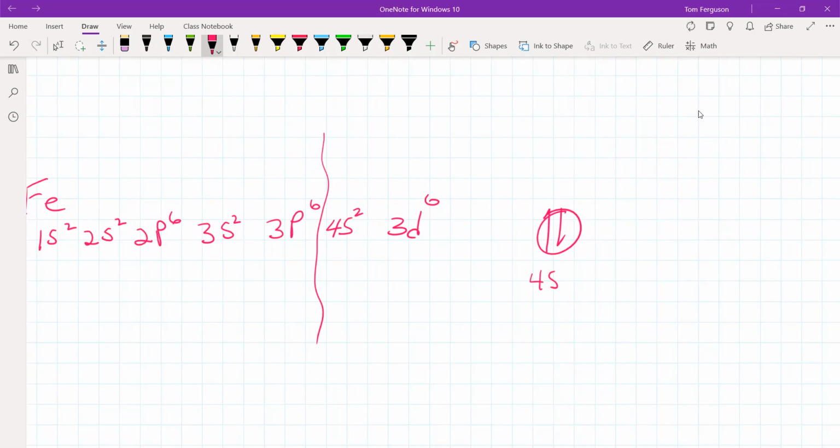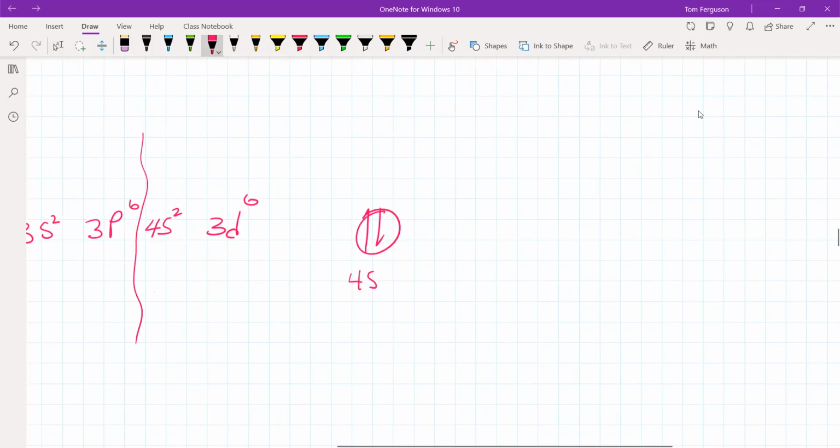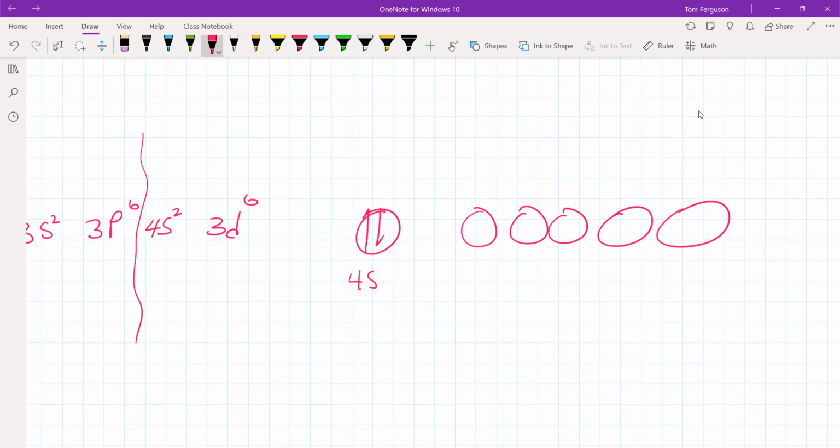Because there are 10 spots, 2 per spot. That means it's 10 divided by 2 is 5. That means we have to have 5 circles. And how many electrons are going to fill those 5 circles?